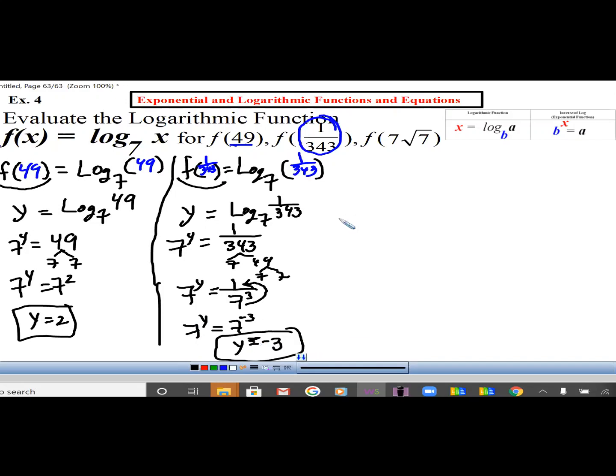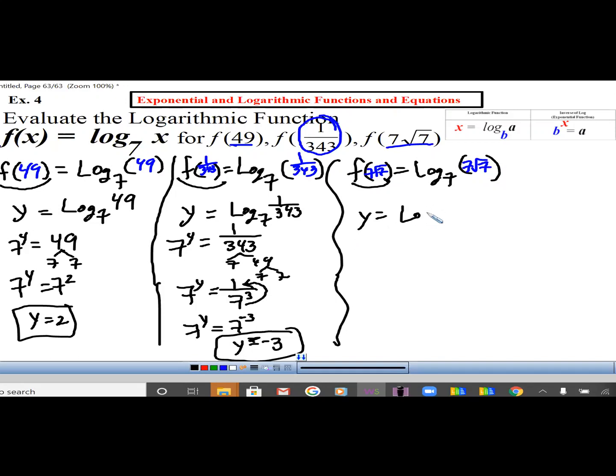Woo, let's go. And the last one, here we go. F of x equals log base 7, parentheses. And now I'm going to substitute which value? 7 square root of 7. All right, first things first, we change the function notation to what? Y. We've got log base 7 of 7 square root of 7. So what is our base? 7 to the exponent y equals 7 square root of 7. Can we rewrite this one?